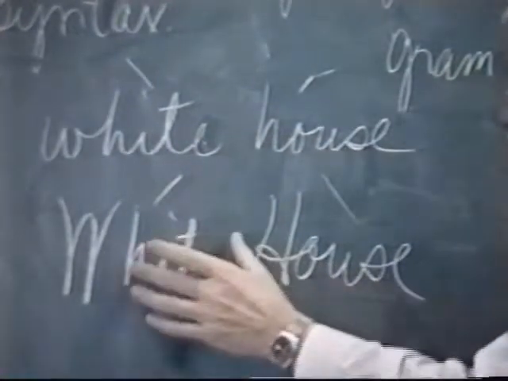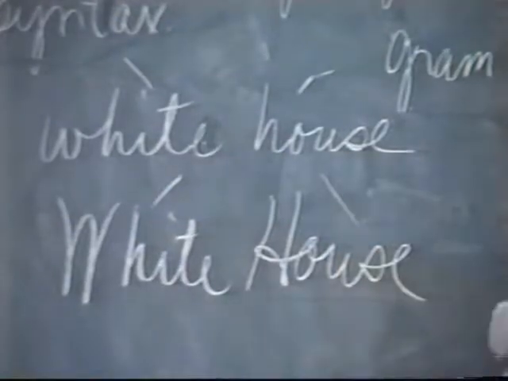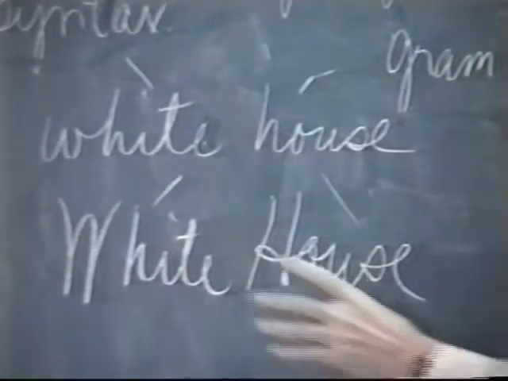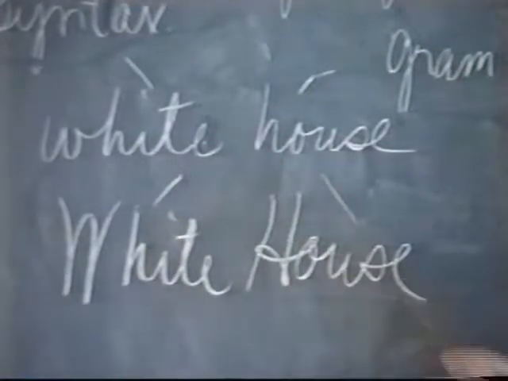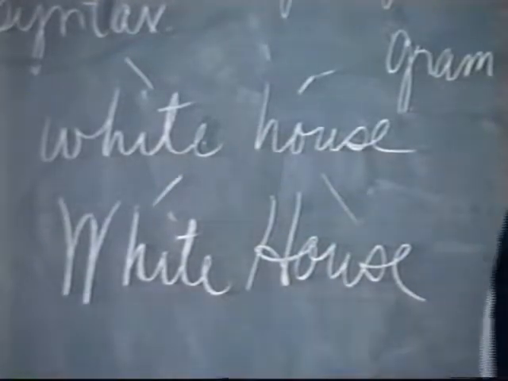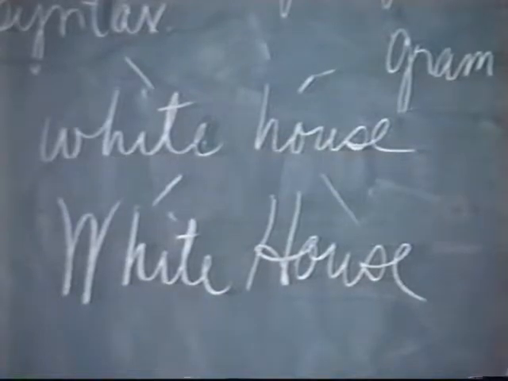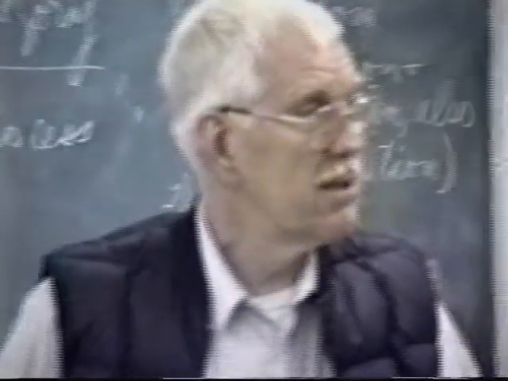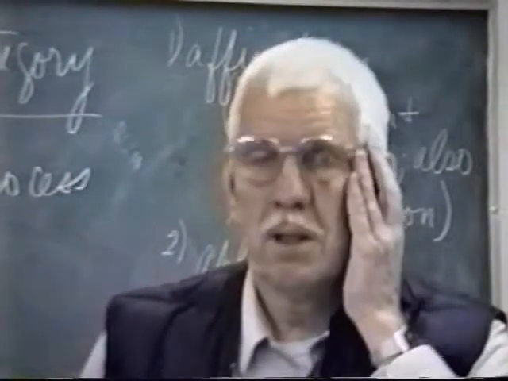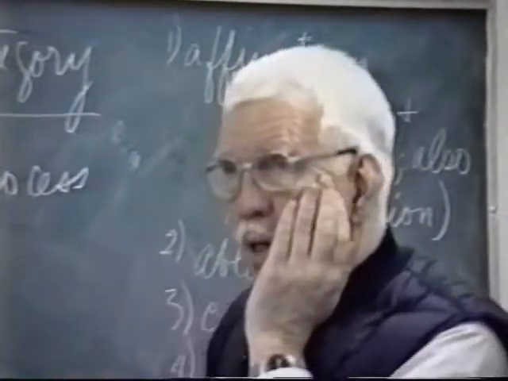When we put that adjective plus a noun together to form a compound, the stress shifts, we get White House, and it also has a slightly more specialized meaning. The White House is not just any white house, but it's a particular White House. It's a specific one.